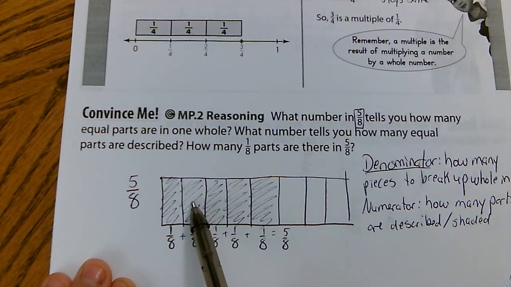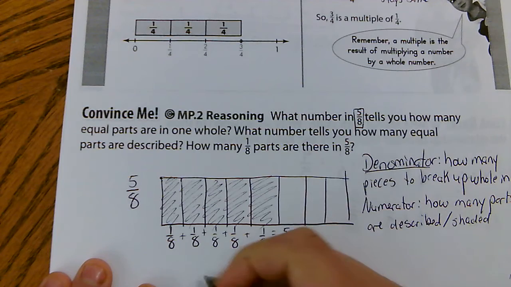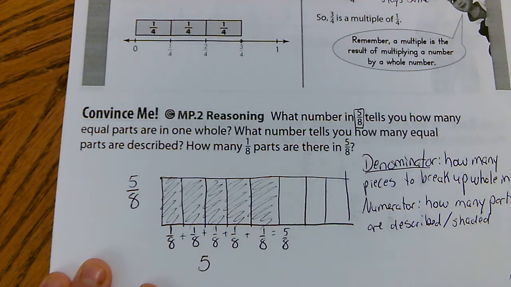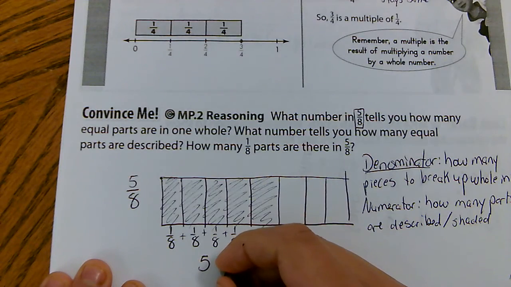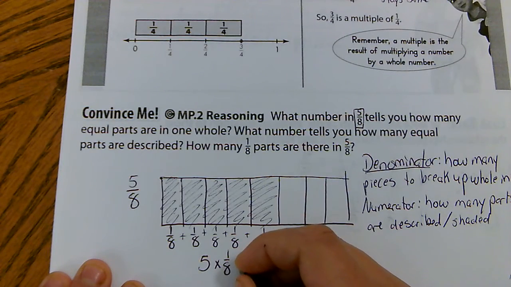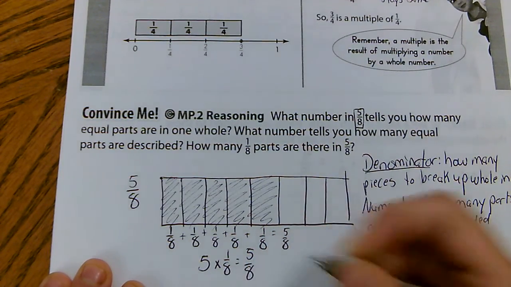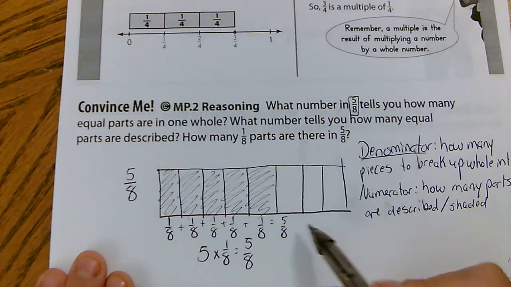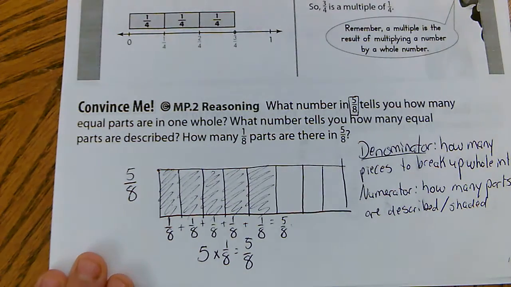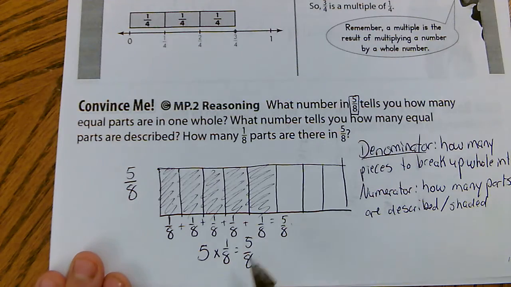Well, I see 1, 2, 3, 4, 5. So there are 5 1/8 pieces, which means I can do 5 times 1/8, and that would also give me 5/8. These two sentences represent the same amount, but with multiplication, we can shorten it. We can write it as just 2 numbers instead of all these numbers here.